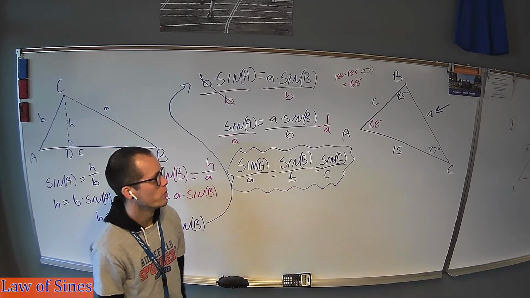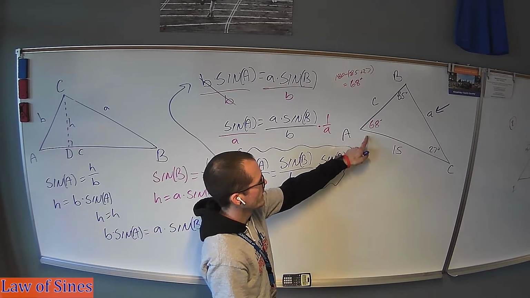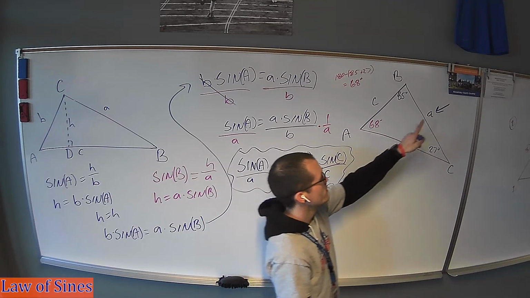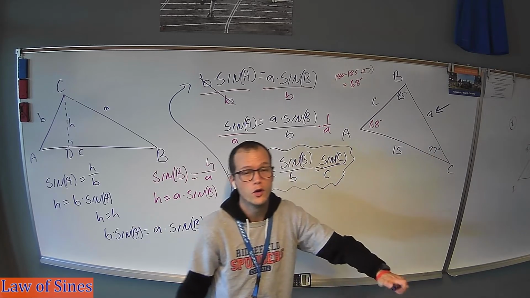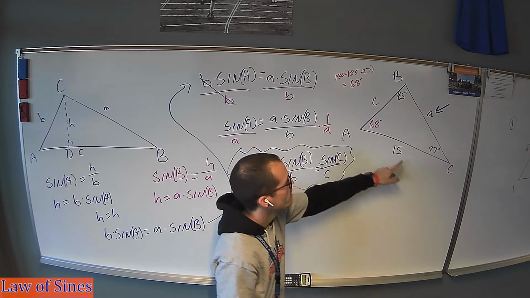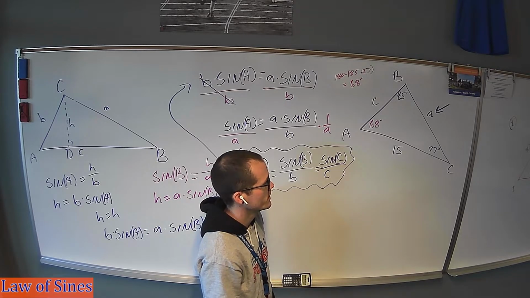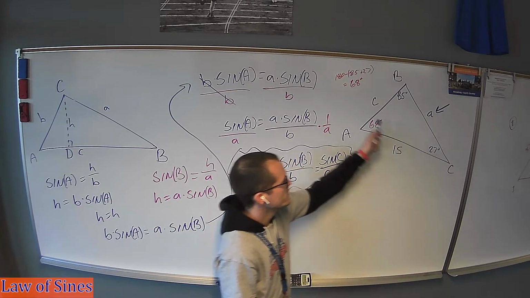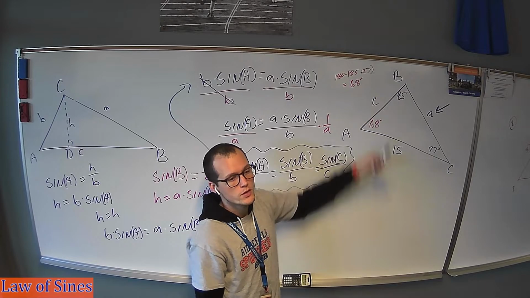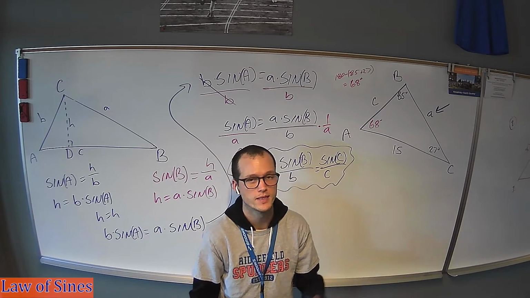Now we're actually going to apply the law of sines. We're going to say that the sine of A, sine of 68 degrees, divided by little a, that's our unknown piece, equals the sine of B over the side length of little b, which is opposite. The reason we didn't use C in this case is because we don't have little c. Sometimes it's helpful to identify the pieces you have and the pieces you're seeking.